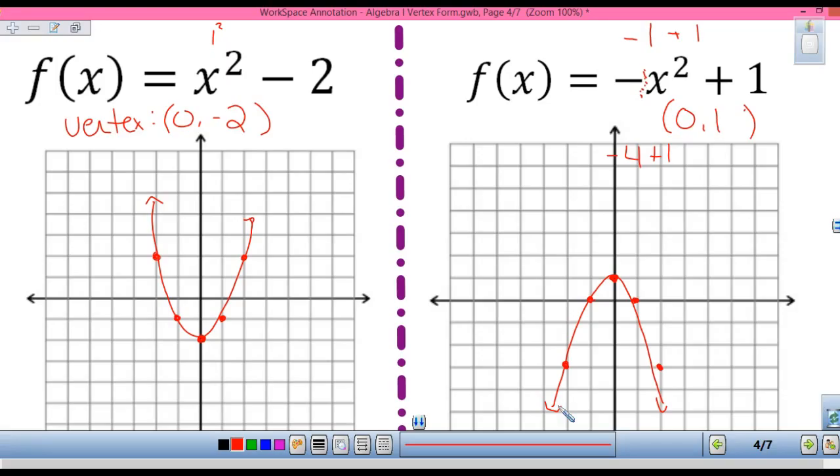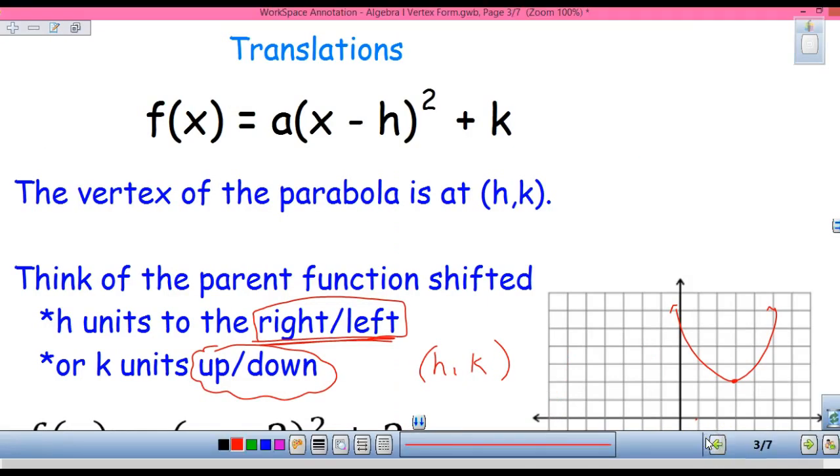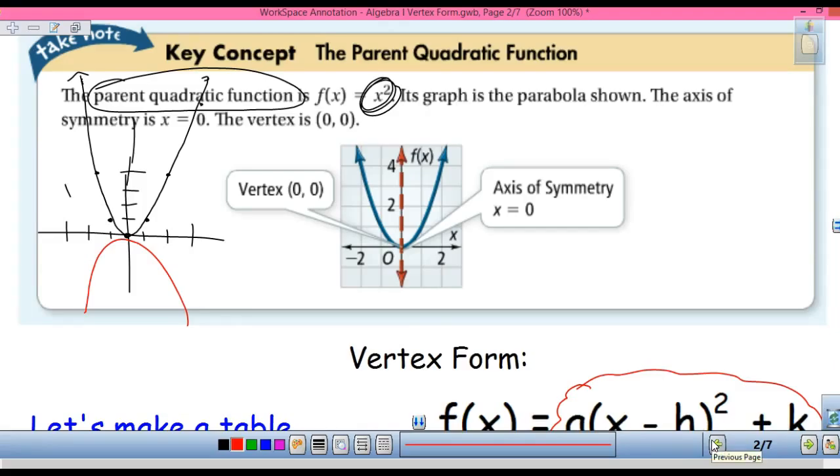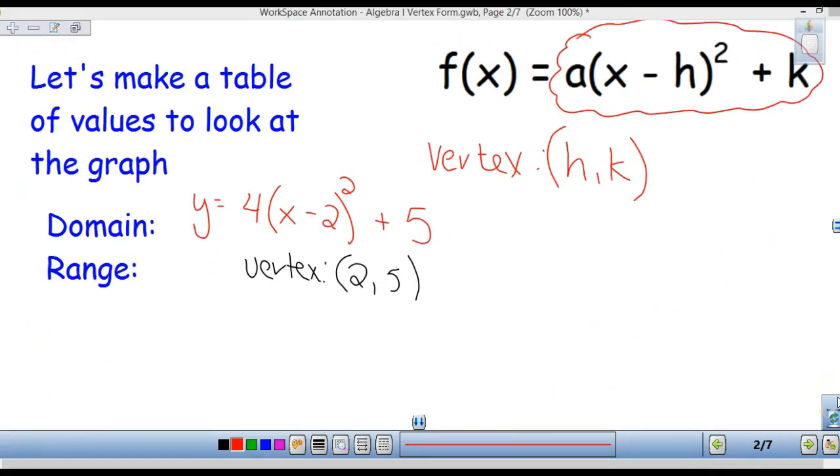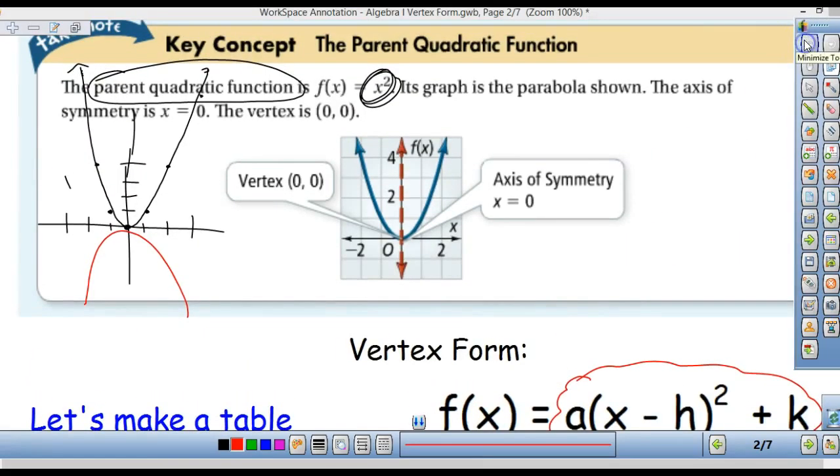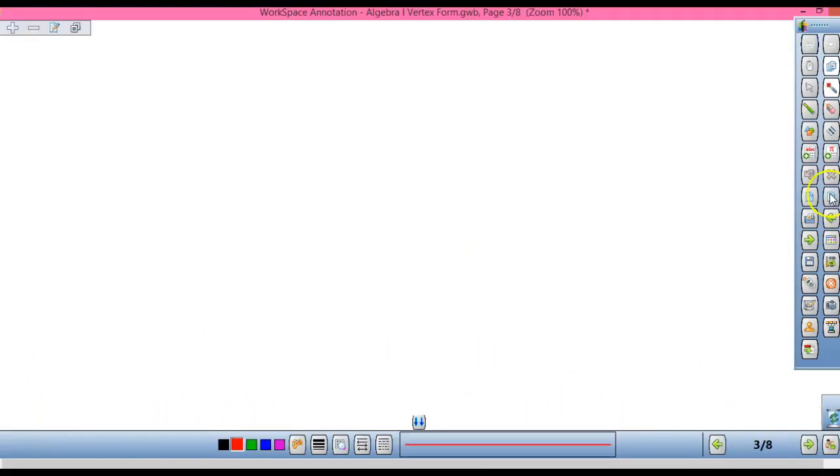Okay, biggest thing, guys, that some of us aren't getting is how to find our vertex. Okay, so remember, let's do this. Our vertex form. Somebody give me vertex form.